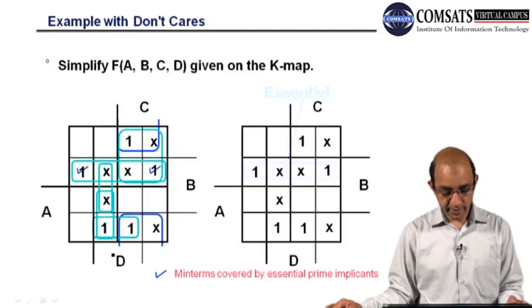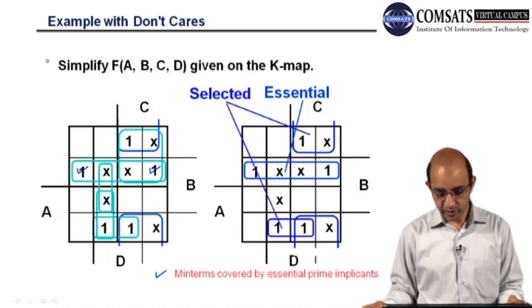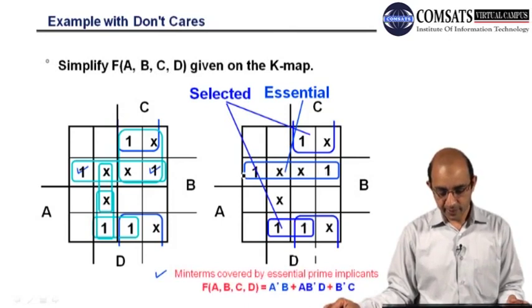So you can see this is an essential prime implicant. Why? You must have an idea why this is an essential prime implicant, and this is also an essential prime implicant, because this one is not reutilized and over here this one is not reutilized.